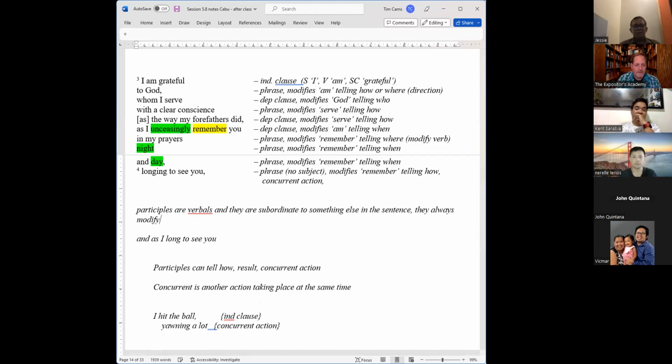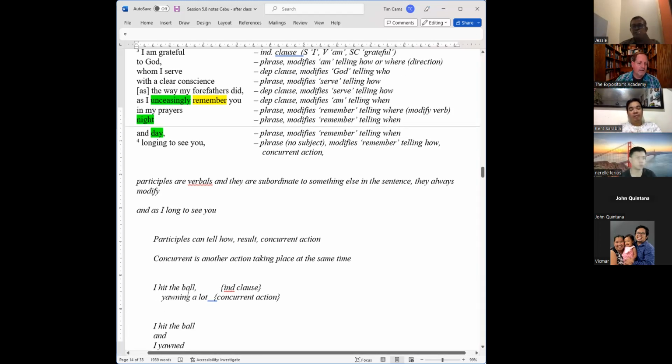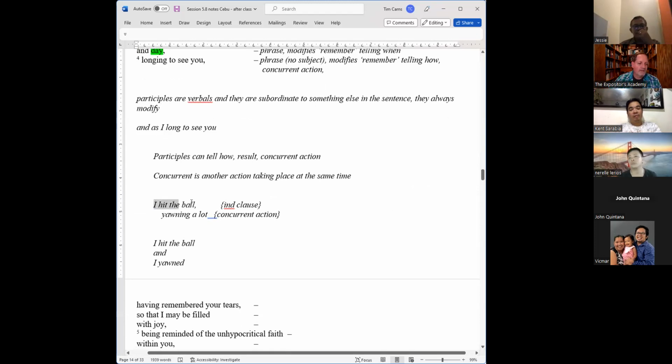Because he used the participle, just the way participles work, both in English and for the most part in Greek, they modify. So they come under something else. That's why I was saying here, I hit the ball yawning a lot. Yawning is a participle, so it's subordinate. It's not at the same level as the main clause.